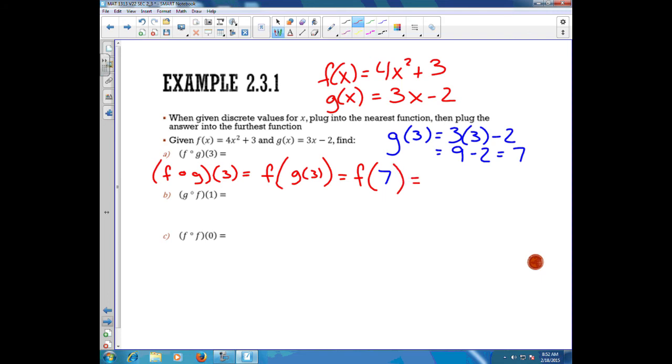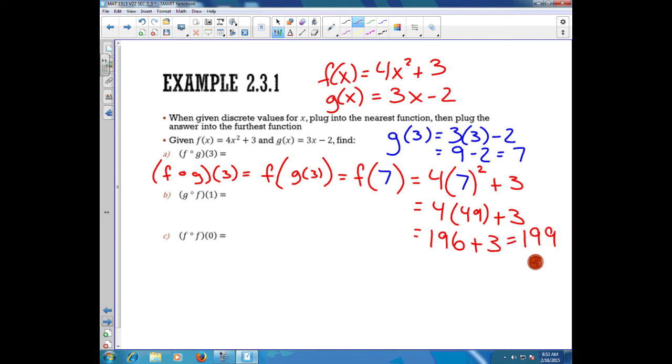And so to do that, we're going to plug 7 into f of x. That's 4 times 7 squared plus 3. So that's 4 times 49 plus 3, which is 196 plus 3, which is 199.